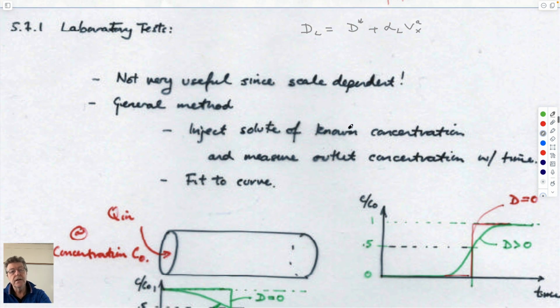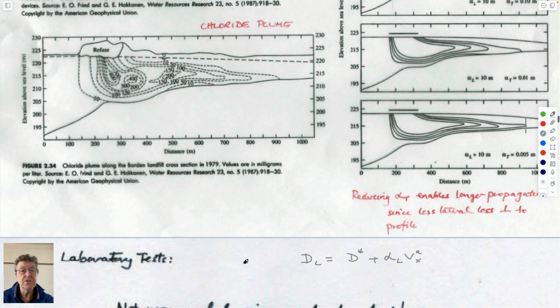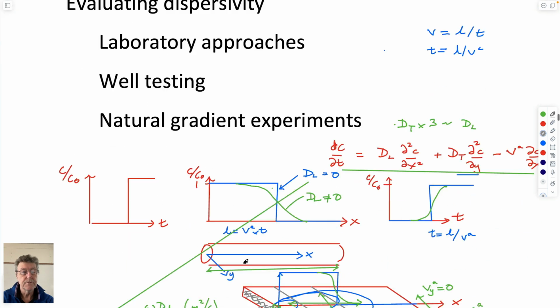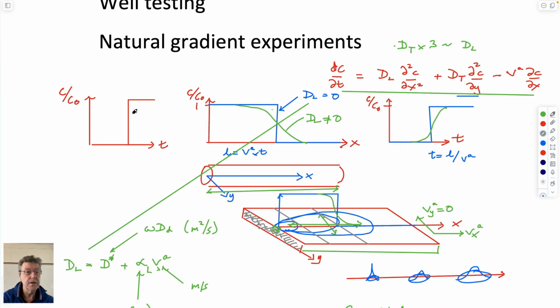Then we could devise an experiment to measure what these properties are. One way to do that would be to take a core, apply on the upstream boundary of that core this concentration boundary condition, turn it on at time 0, let it propagate along the core, and then measure it at the outlet.